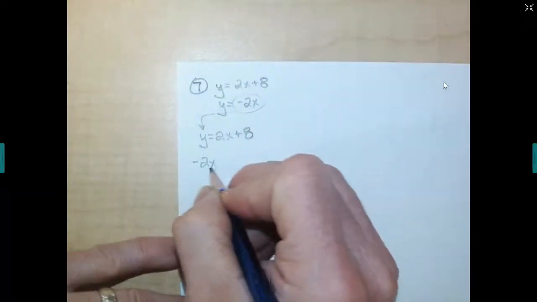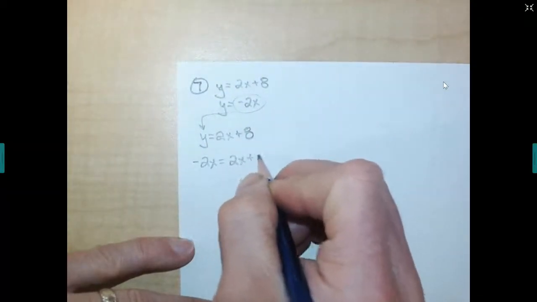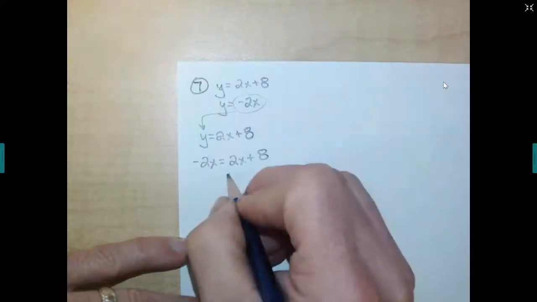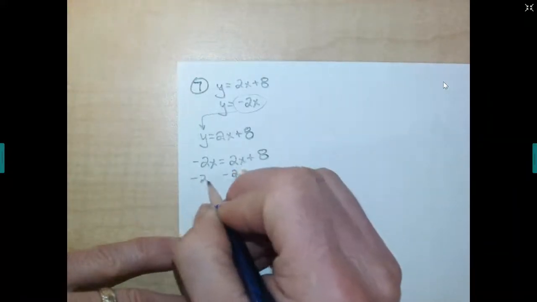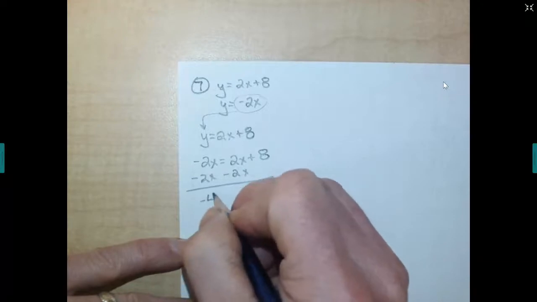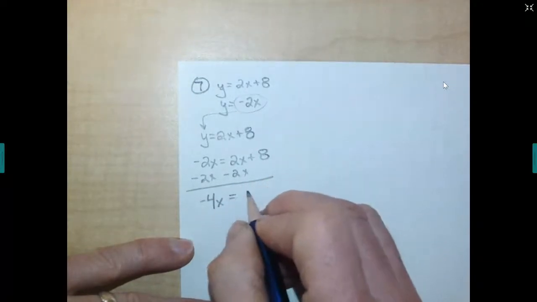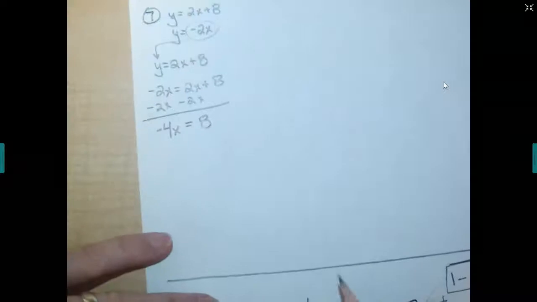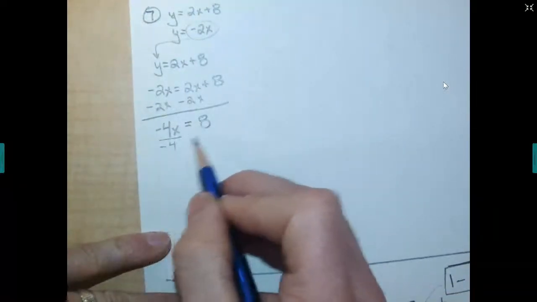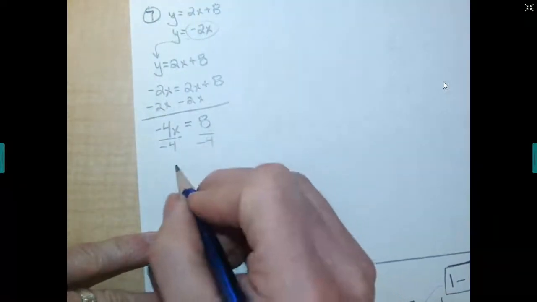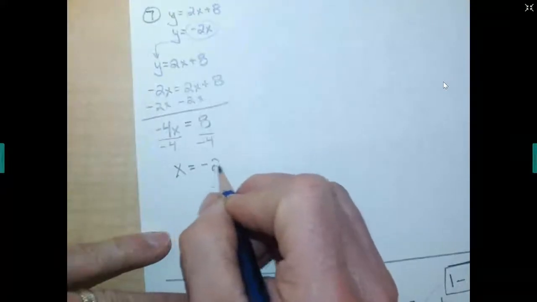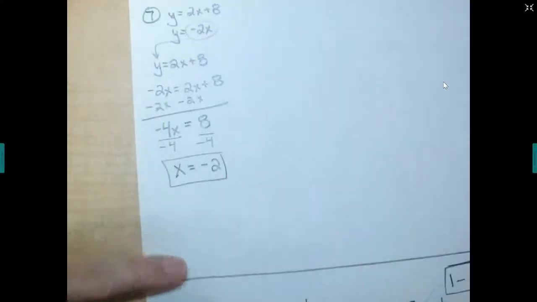So -2x equals 2x plus 8. Subtract my 2x. So I get negative 4x equals 8. Divide by negative 4, divide by negative 4. X equals negative 2. Okay?